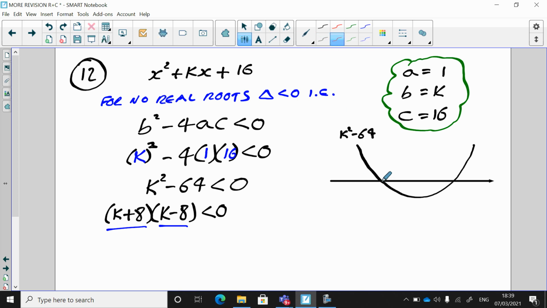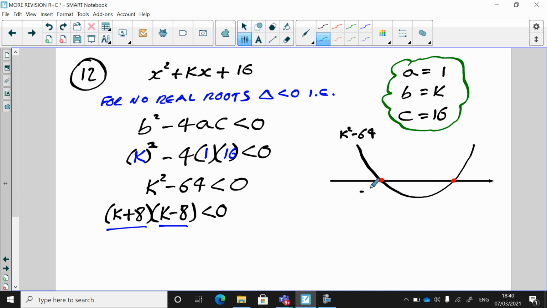I've got one there and one there. They are related to these values here, like positive 8 and negative 8. Change the signs of these. What value would you give to k to make k plus 8 zero? Well, negative 8. What value would you give to k to make k minus 8 zero? Positive 8. That's how I am getting these values here.